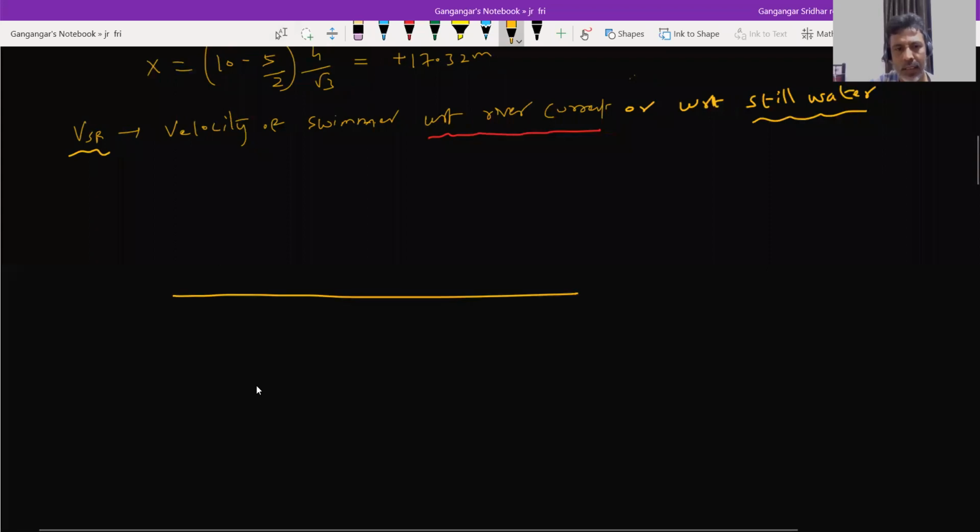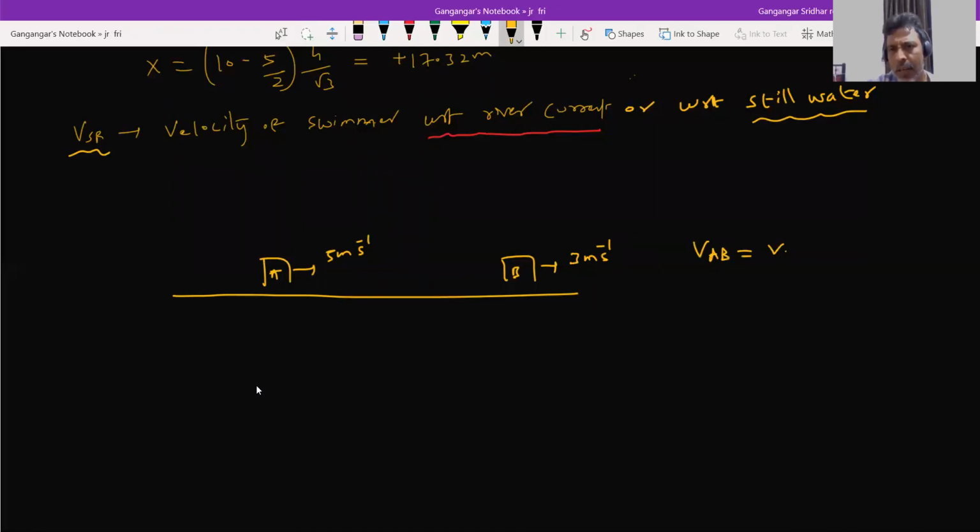So let's take A moving with a velocity, as we already discussed, and B moving with a velocity 3 meters per second. VAB equals VA minus VB, 5 i cap minus 3 i cap, so 2 i cap. I'm giving the simplest example. At least with this, you should be able to catch it.